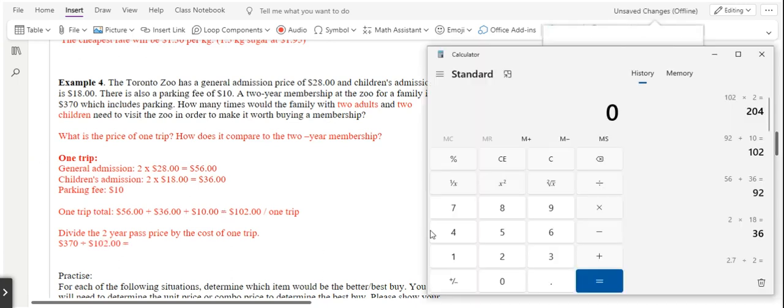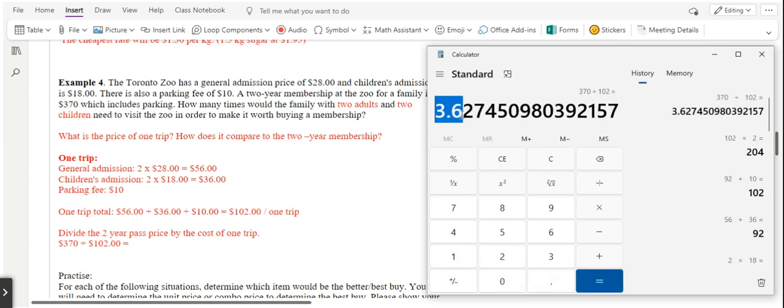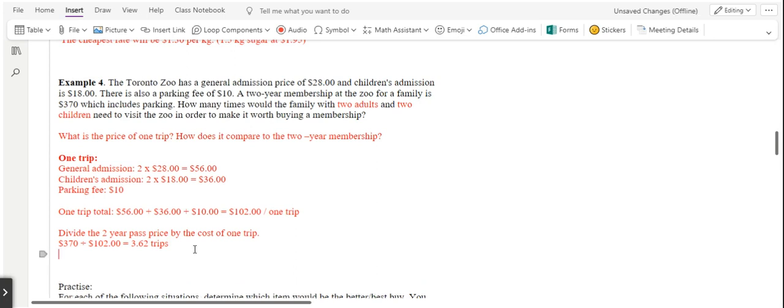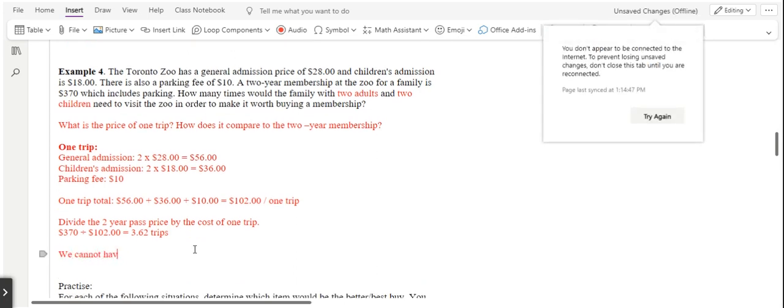So what happens when we do this? Well, 370 divided by 102 is going to be this 3.62 number. And so here we're going to put this 3.62 trips. And so we can't have 3.62 trips. We must round up for trips.